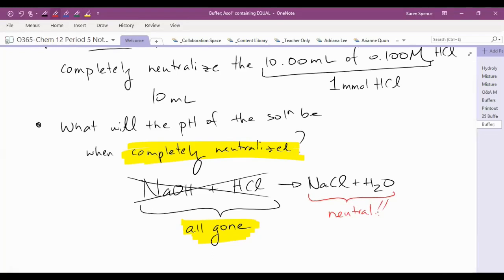Do you guys remember what we call that point when the reaction is complete and there's no excess of either reactant?